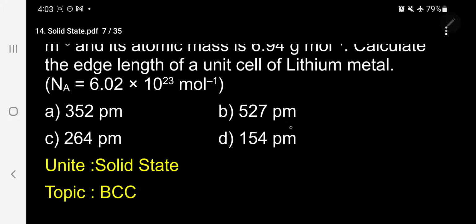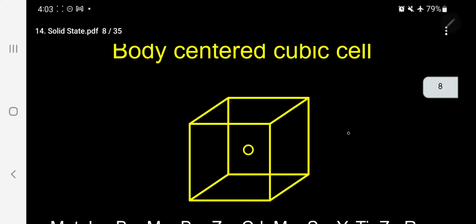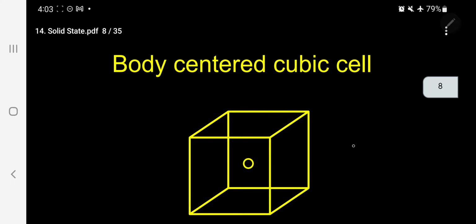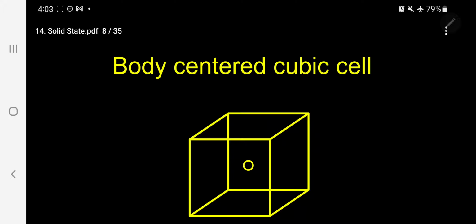Okay, right. Let me concentrate now. What you are seeing here is the body-centered cubic cell. Kindly follow. There are 8 corners, 1, 2, 3, 4, 5, 6, 7, 8, and there are 6 faces.